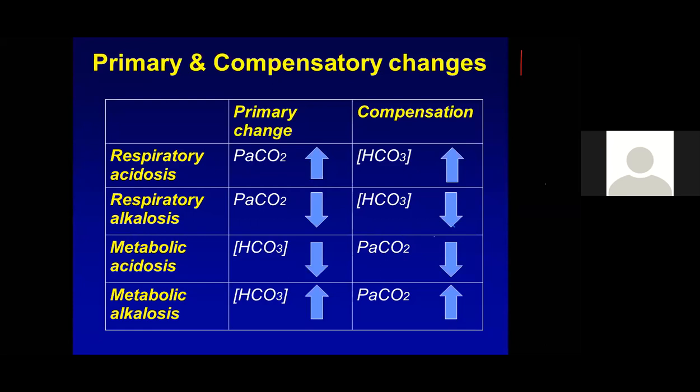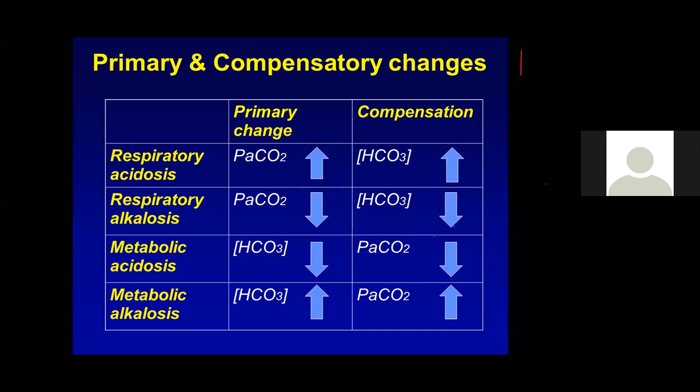So the pH is low, PaCO2 is high, and the bicarbonate is also high. Simple. You think the problem is in the lungs and the respiratory system is involved. So the pH is low and the problem is in the respiratory system: respiratory acidosis. This is the simplest way you can think of. Now, alkalosis, pH is high.